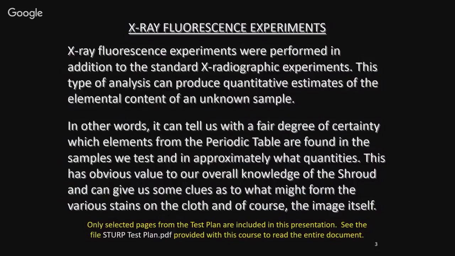And obviously, if there was paint or pigment applied, there would be places where there would be more of it than in other places, and this helped us to determine that. This had value not just for looking for paint and pigment, but also for our overall knowledge of the shroud, and could give us some clues as to what might form the various stains on the cloth and, of course, the image itself. We're going to go back now and look at the test plan again for the X-ray fluorescence.